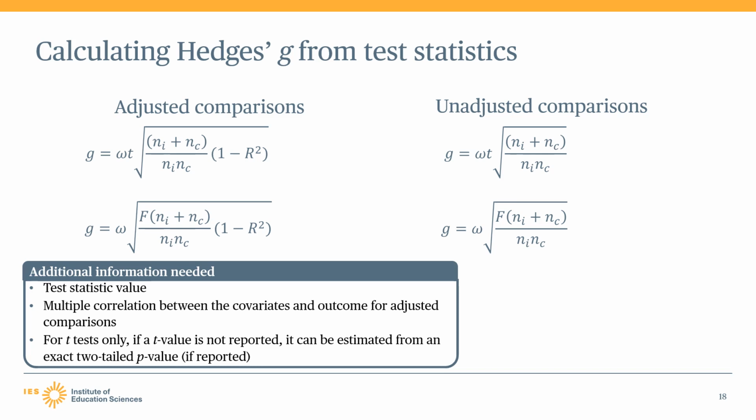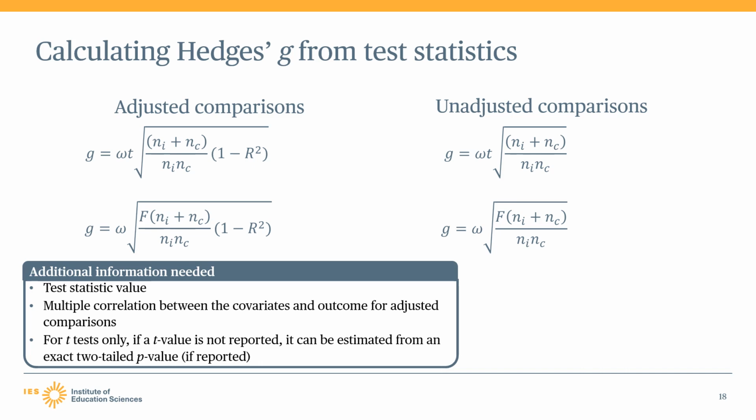In such cases, the WWC instead can compute the Hedges G effect size using a covariate-adjusted t-test or F statistic using the following formulas. The formulas each include the t-test or F statistic, the small sample adjustment term, omega, and the sample sizes in each group.